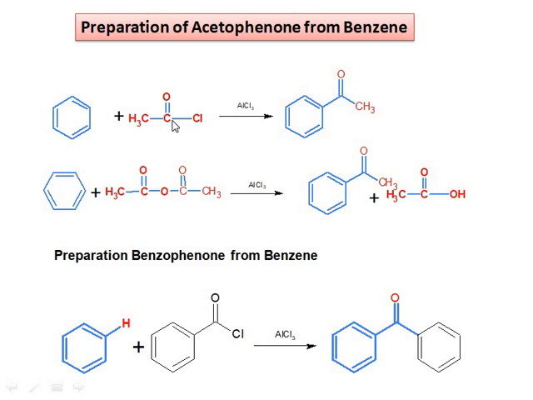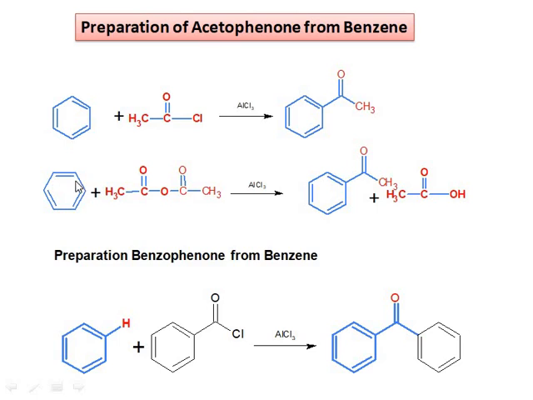The chlorine is replaced by the benzene ring. So in the presence of AlCl3, the acyl group is attached to the benzene ring to form acetophenone. Right? So the chlorine is replaced by benzene, giving acetophenone.